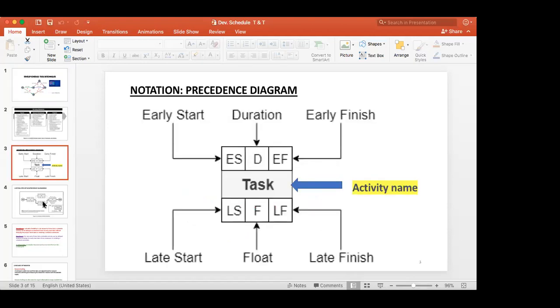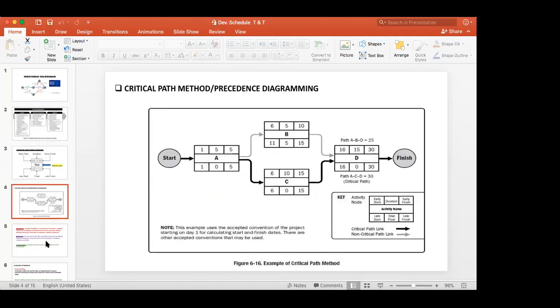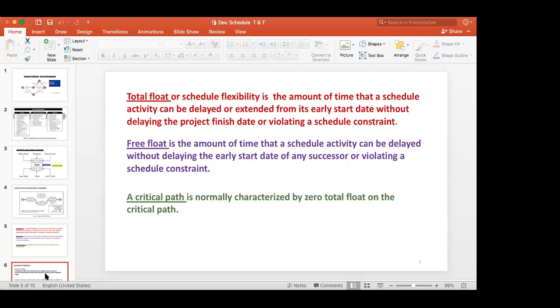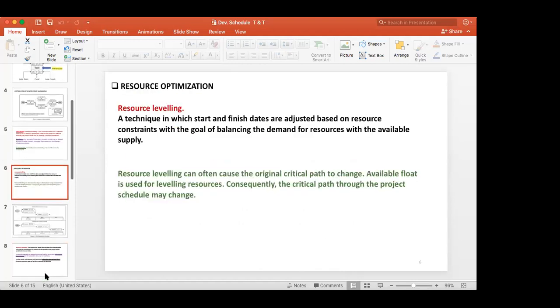Understood this one? You got this point? Okay.